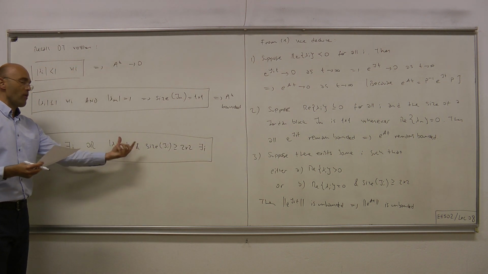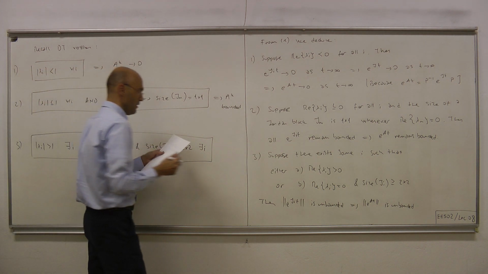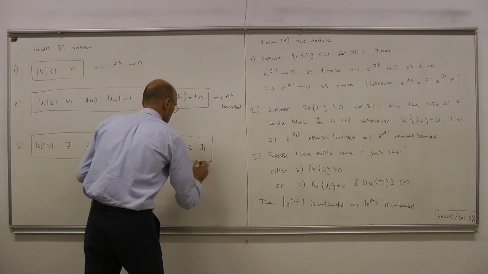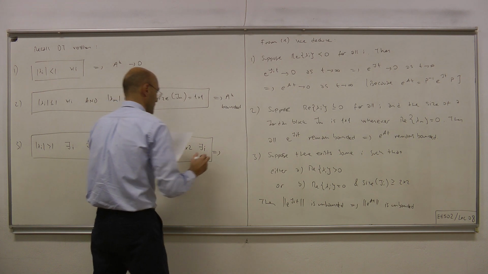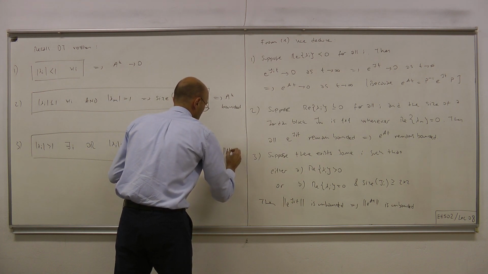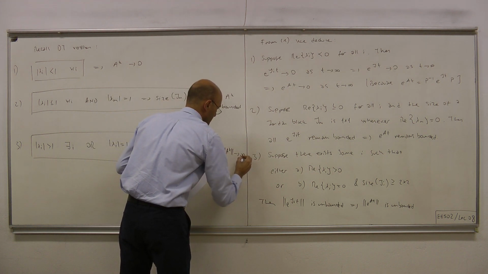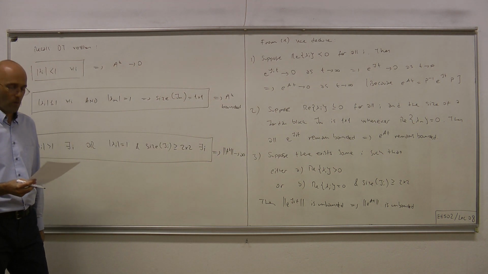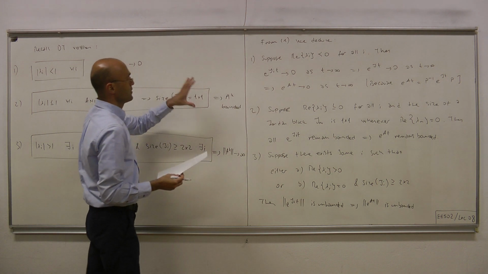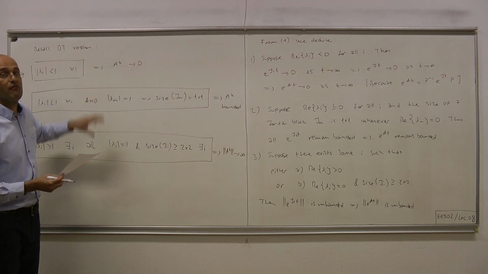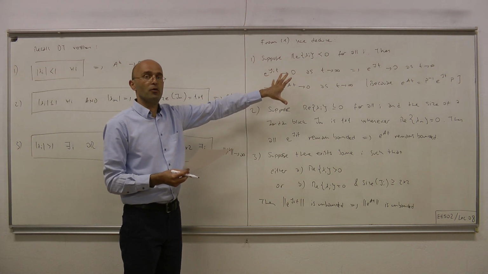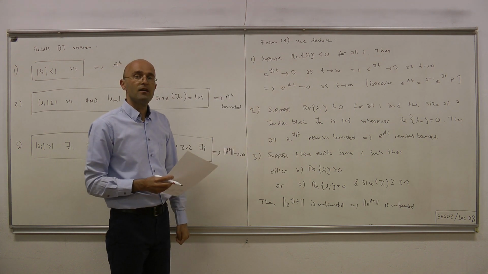Either this holds or that holds, then the state transition matrix A to the k is unbounded. Okay, so these are, once again, the discrete time versions of the continuous time conditions that we obtained in this lecture.